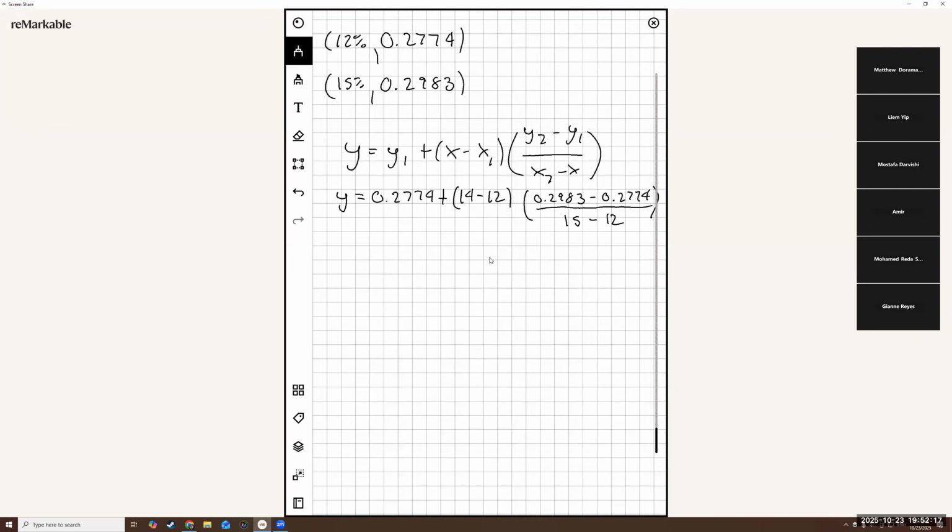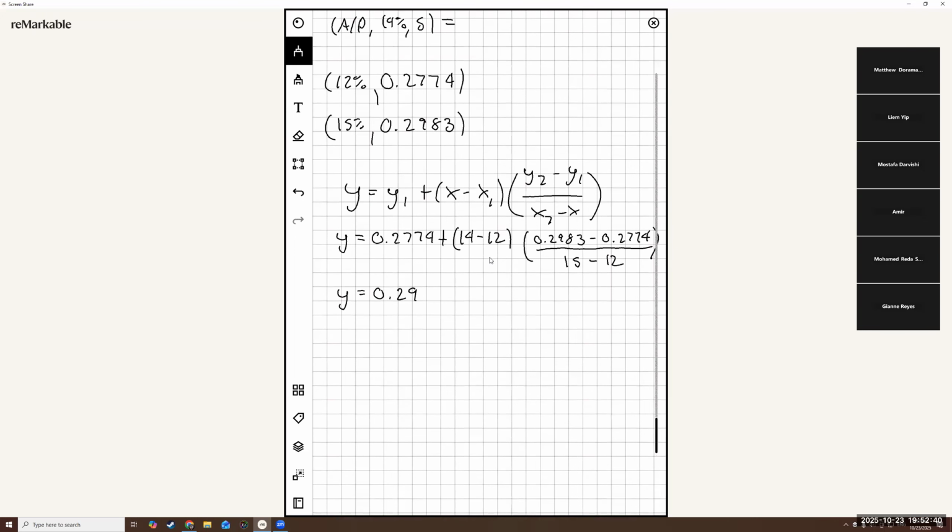And now all we need to do is just throw this into our calculator. I get 0.29. Logically, this makes sense because this value here should be something in between these two values, right?